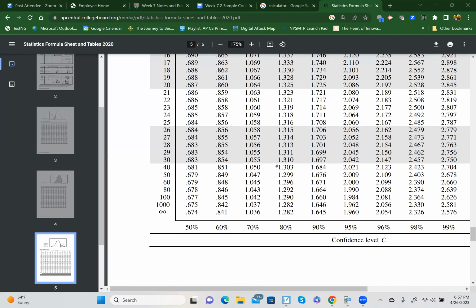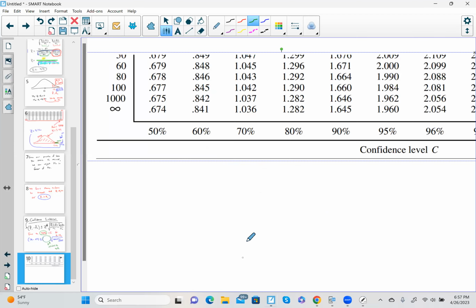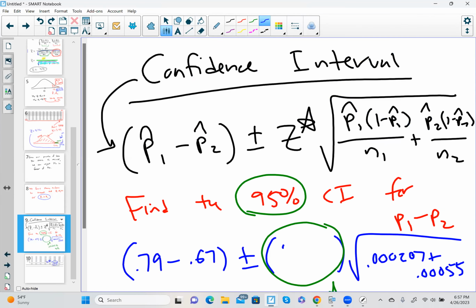Okay, so that number is right here. There it is. And if you look directly above it, this number 1.96, that number is our Z star. All right, so that's what this chart gives us. It gives us the Z stars, the special Z scores. So I'm going to put 1.96 in here.